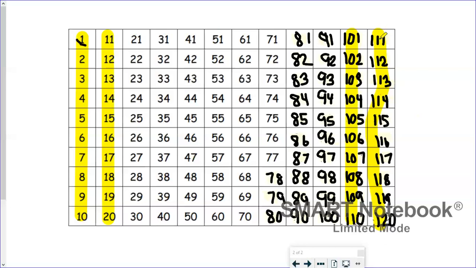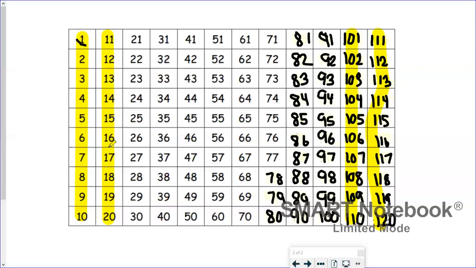And it's also important when you get to numbers that are greater than 100 to not use the word and. So we don't want to say one hundred and one. We just say 101. We don't want to say one hundred and eleven. We say 111.